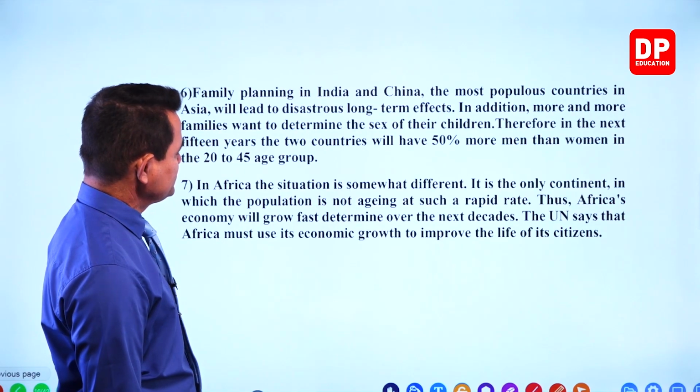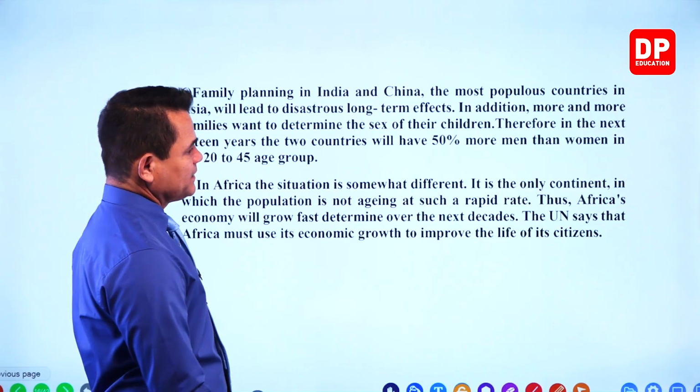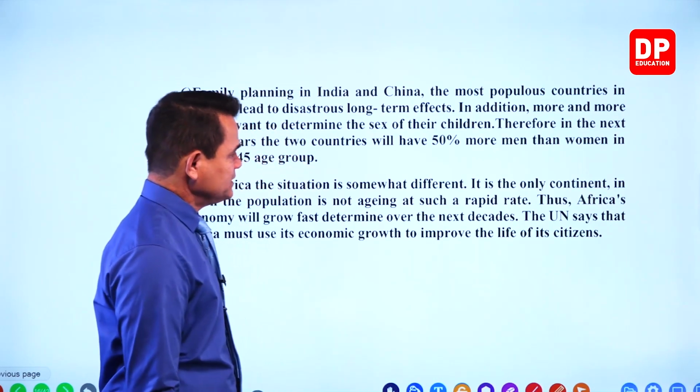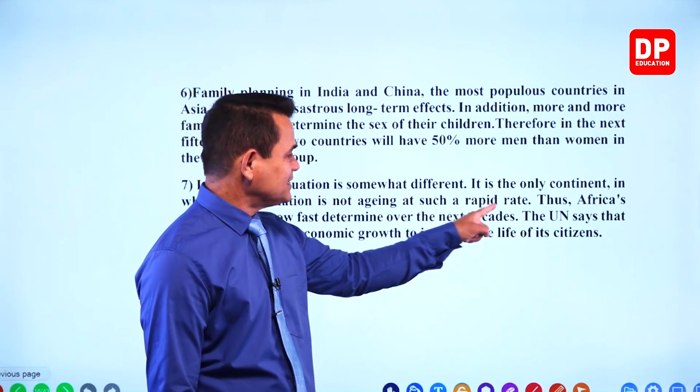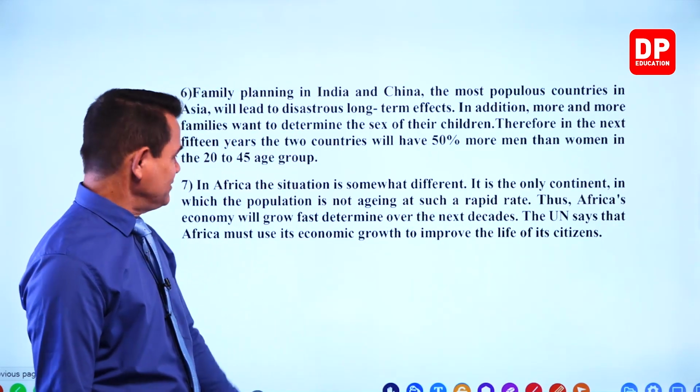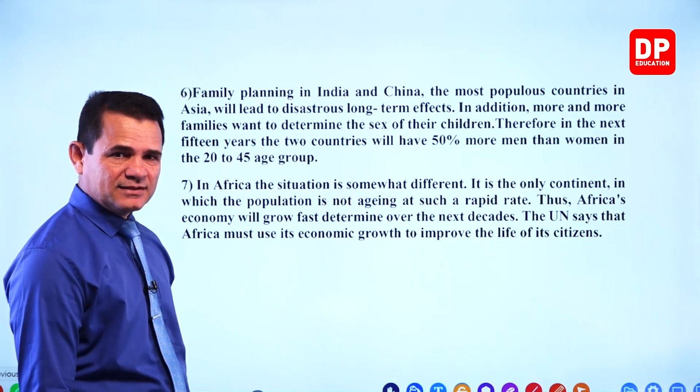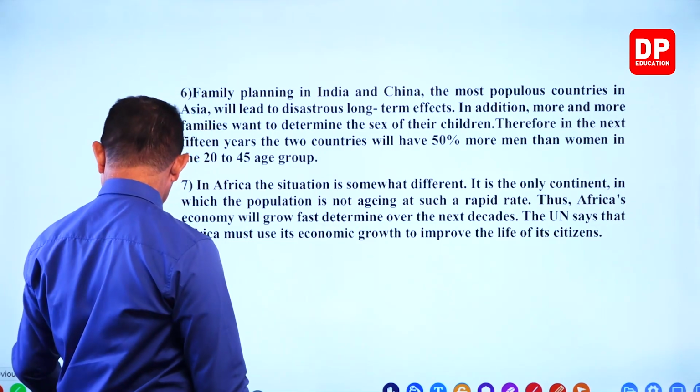In Africa, the situation is somewhat different. It is the only continent in which the population is not aging at such a rapid rate. The 7th paragraph says that, so we can put number 7 there.